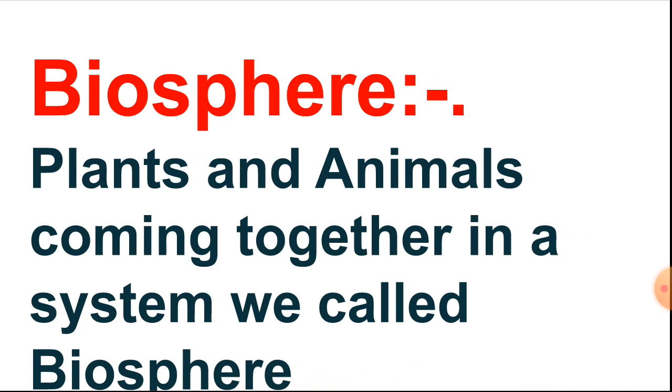The fourth one, biosphere. Plants and animals coming together in a system, interdepending on each other, we call the biosphere. Human beings, animals, and plants, the living things, form the biosphere.